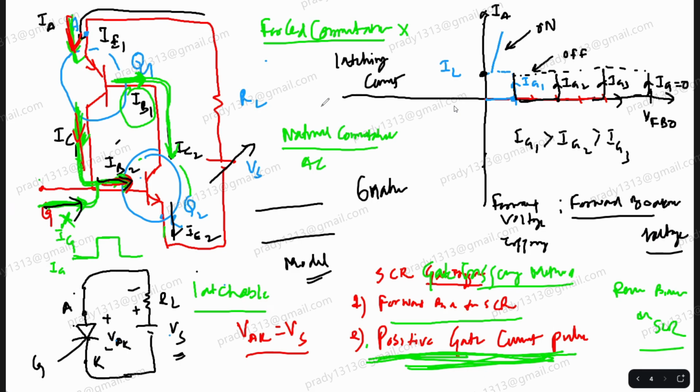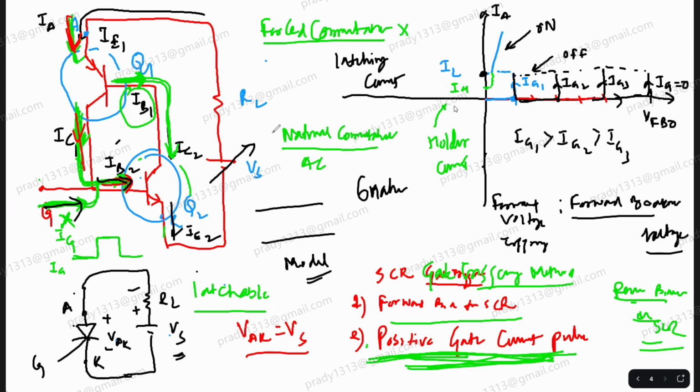Clear? Now, if you have to reverse bias the SCR, the moment you reverse bias it, current will start falling down. If it falls below what is called the holding current, I will send you a proper graph also, if it falls below the holding current, the SCR will turn off.